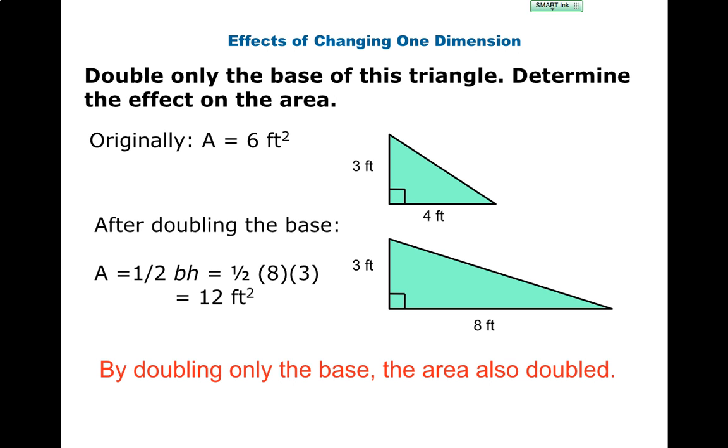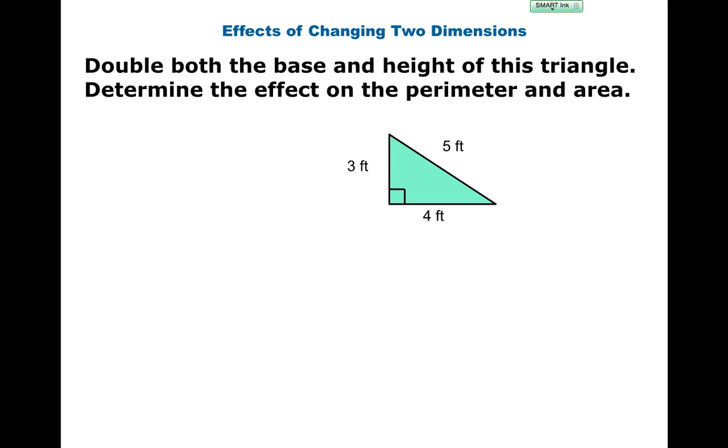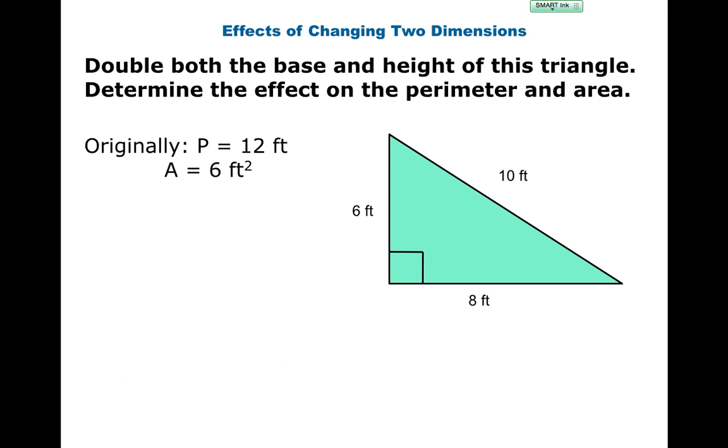because the perimeter doesn't change in a nice way. We're not changing the 3, but we are changing the 4, which also affects the hypotenuse. So we're not getting everything doubled. So the total perimeter doesn't double until we double both dimensions.